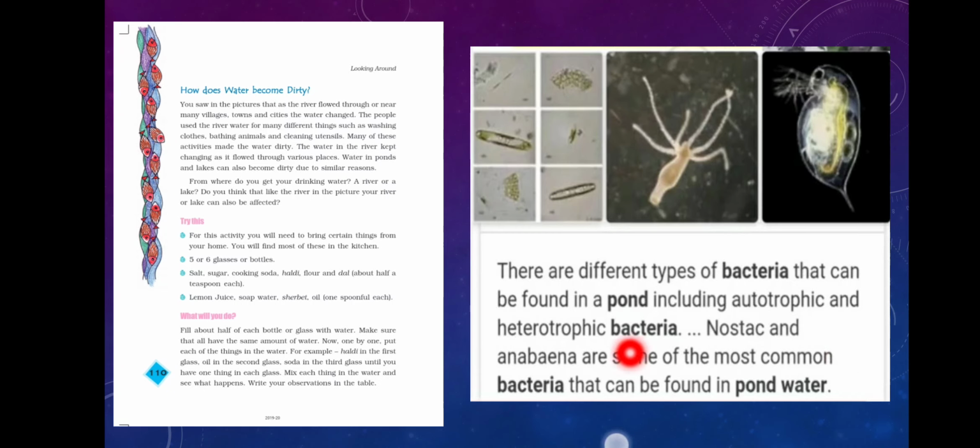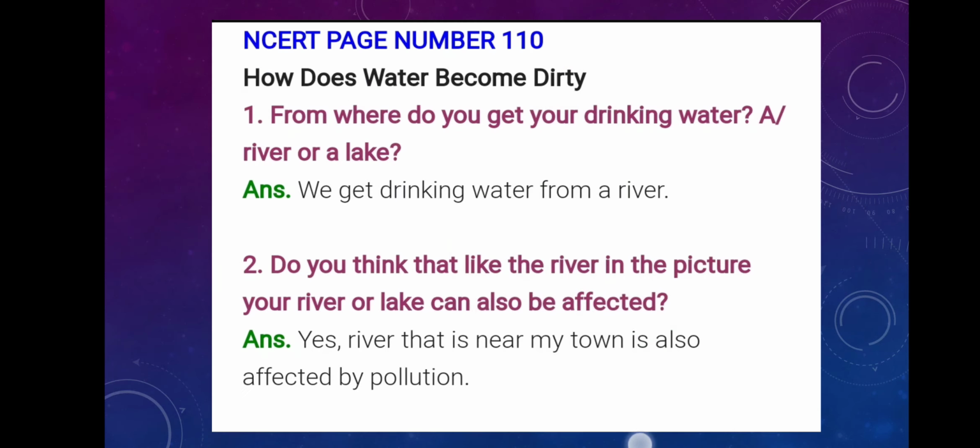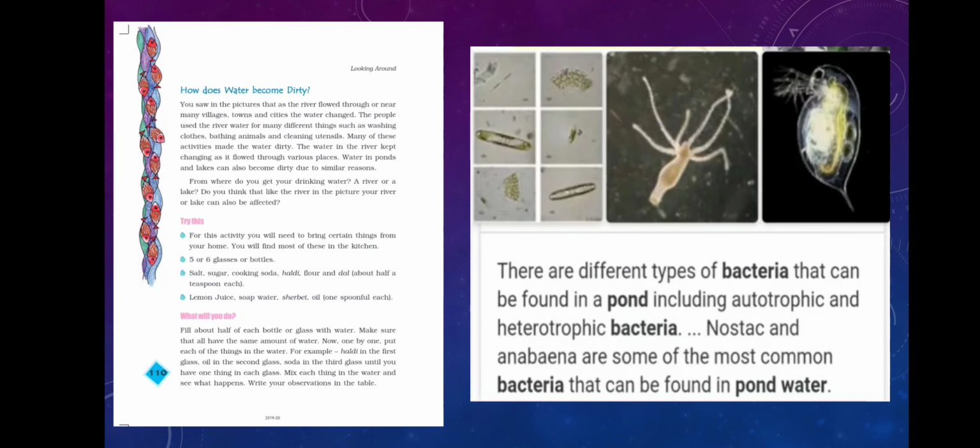So the names may be tough, Nostoc and Anabaena and some other common bacteria. So these are the several types of bacteria which are found in the polluted water of the river and the pond, and all of this is due to us because we are throwing waste and garbage in the pond.